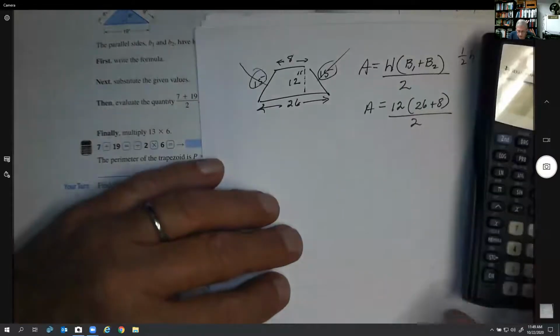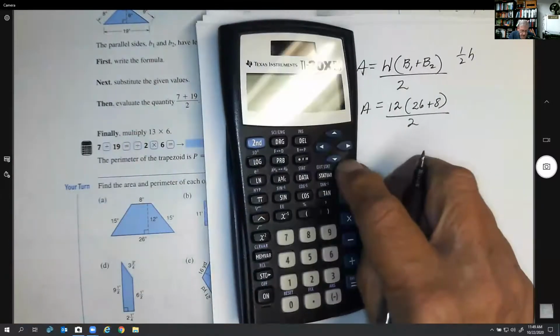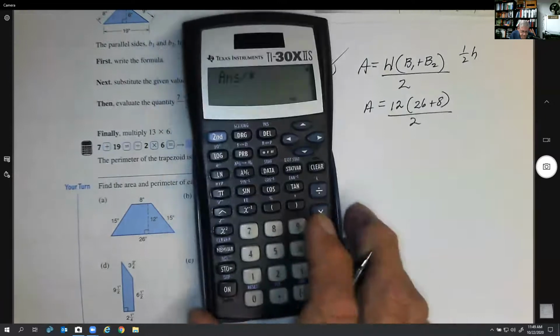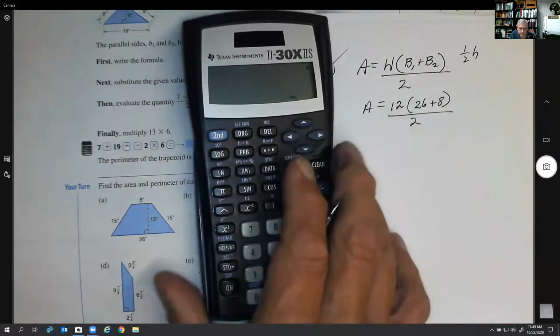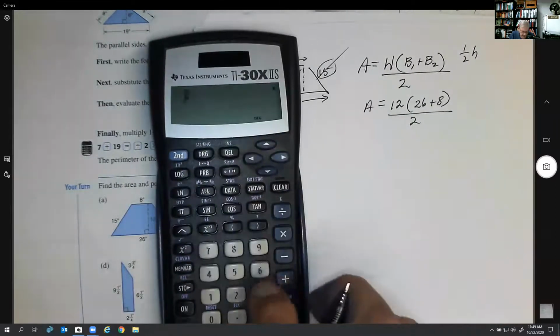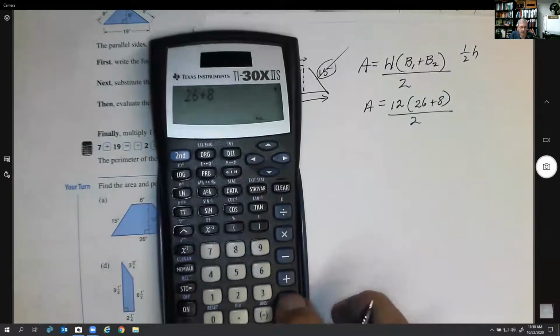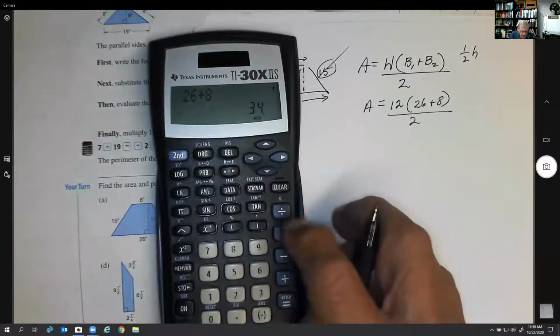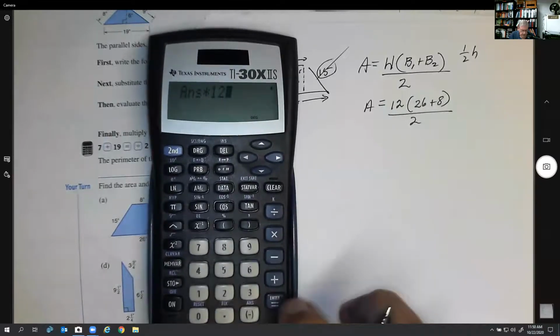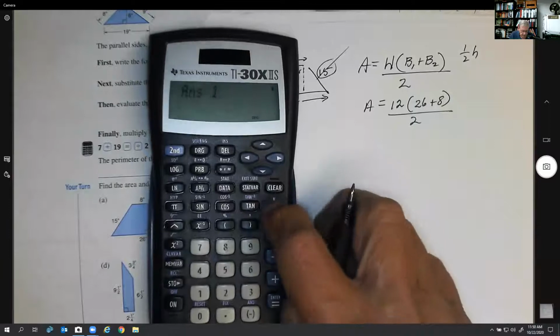Okay, so using my calculator, let's do the parentheses first. Clear this out. I'm going to do the parentheses, 26 plus 8. Hit my equal sign there, times 12, times the height. And finally, I'm going to divide that by 2.